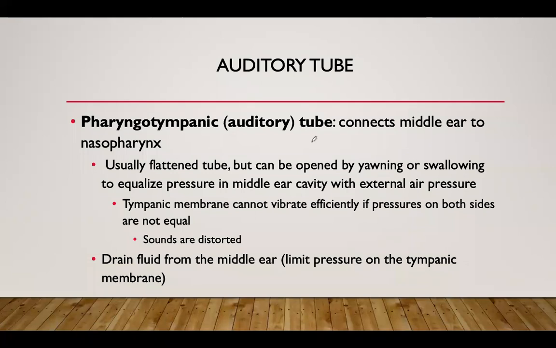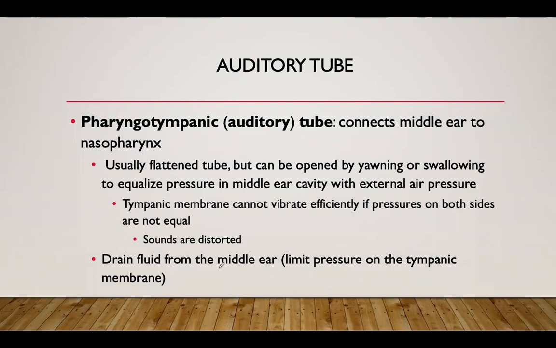Now, here's basically what I just told you in a written format. There is a secondary function associated with this pharyngeotympanic tube, and that is to allow the drainage of the fluid that may build up in the middle ear.